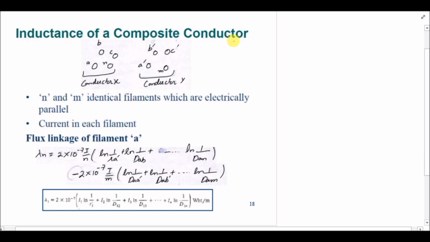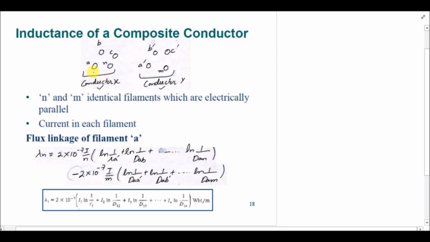So we will be starting from two different types of conductors. The first one is conductor X and the other one is conductor Y. Assume this is a single phase line with composite conductors, where conductor X is the forward conductor and conductor Y is the return conductor. There are 4 strands in conductor X and 4 strands in conductor Y as well.